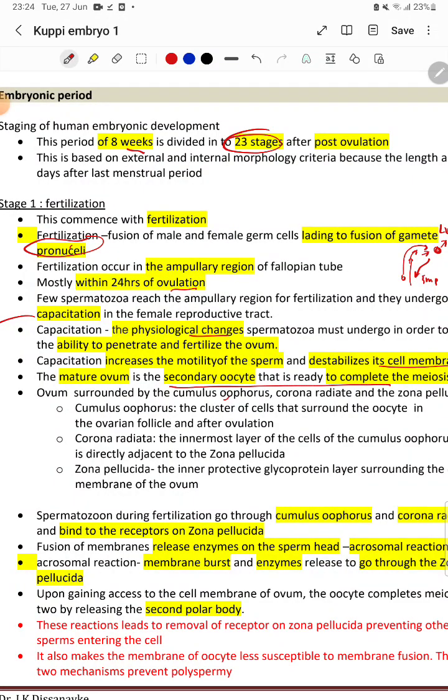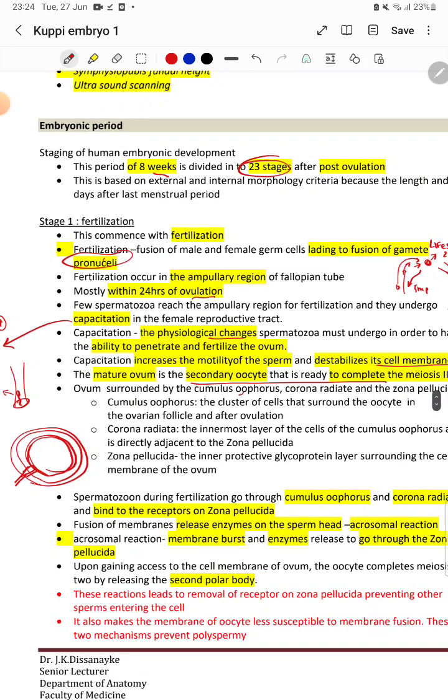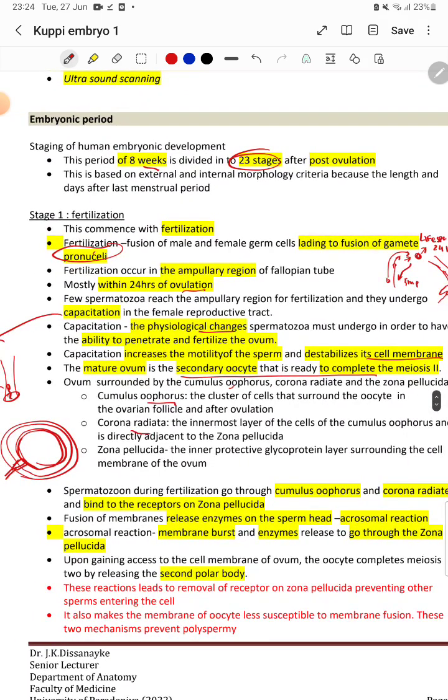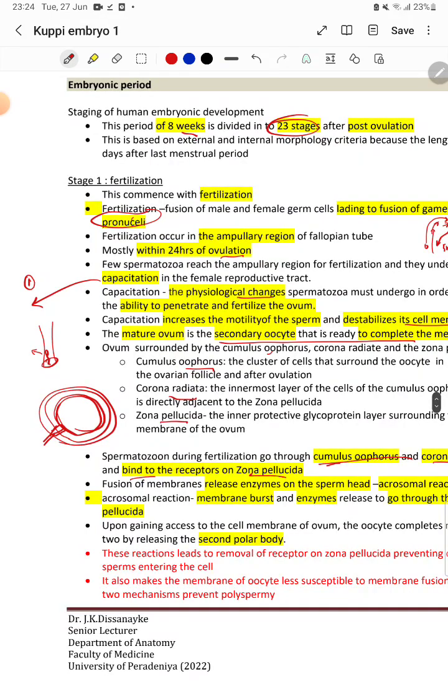I'm going to talk about this one in a bit. But basically, when the first sperm reaches the egg, it has to go through layers, right? So the layers include the cumulus oophorus, corona radiata, and the zona pellucida. So 1, 2, and 3, and at the zona pellucida, it binds to receptors, and this triggers the second stage that I mentioned.